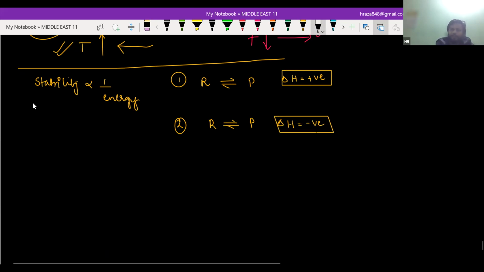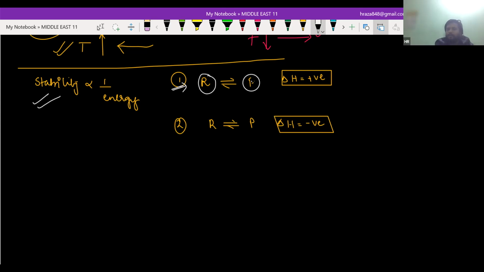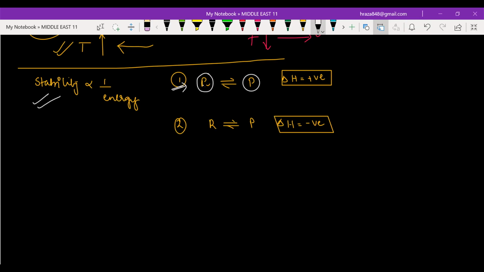With this reference, can you tell me, in the first process, which is more stable, the reactant or the product? Product. In the first case, the product is more stable, right? Yes, sir. Okay. And in the second case, which one is more stable?